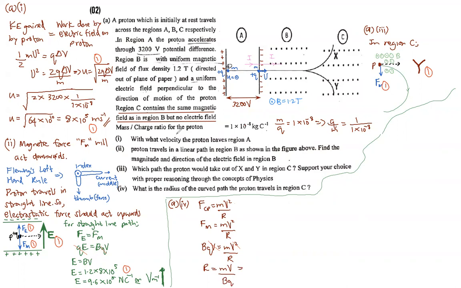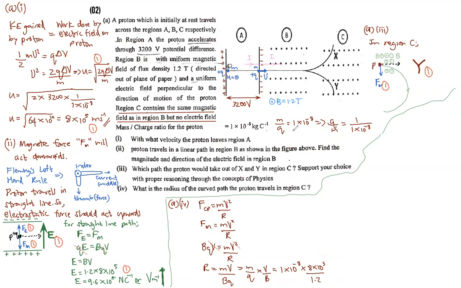We know m over q is this. So I will write it this way: m over q multiplied by v over b. For m over q, you can substitute that value directly, 1 into 10 to the power minus 8, correct? Into v. What is v? 8 into 10 to the power 5, divided by the magnetic flux density, 1.2 Tesla.